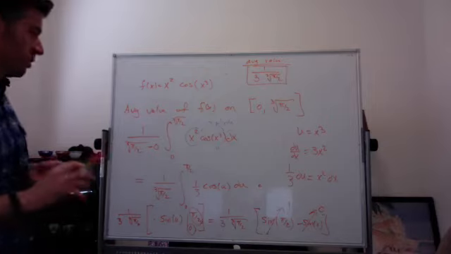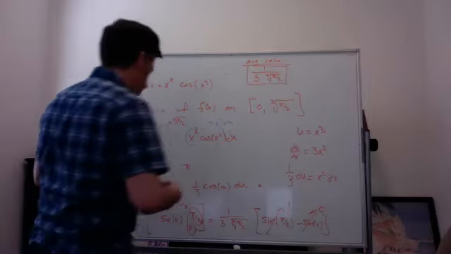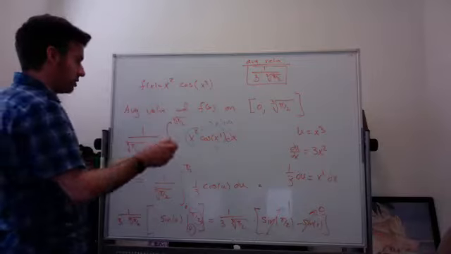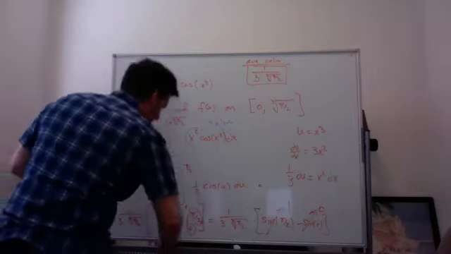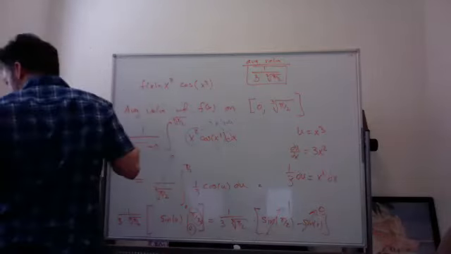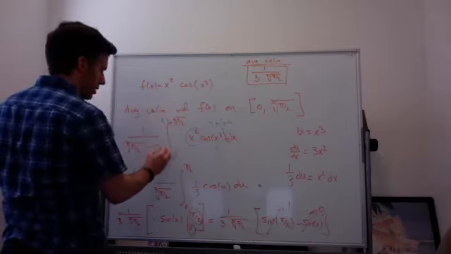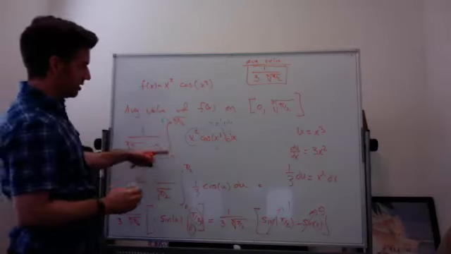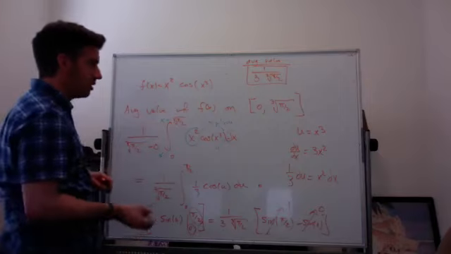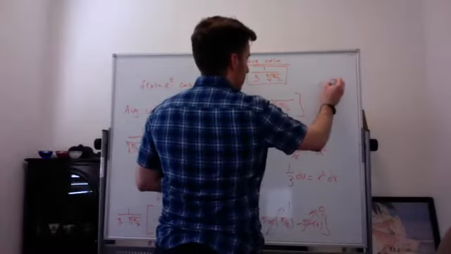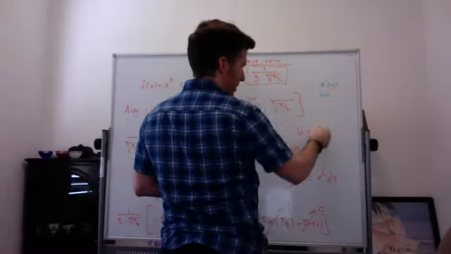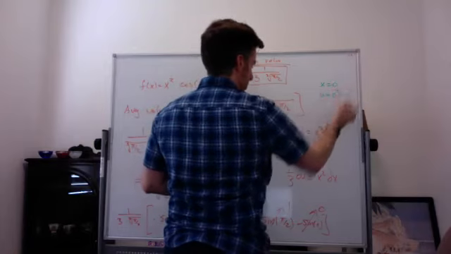Yes. So what I did was I changed the limits of integration, right? So this is my good green pen, hopefully. So these were x values, right? This is x equal to 0 and x equal to the cube root of pi over 2. So if x equals 0, u is going to be x cubed, which is 0 cubed, which is 0.